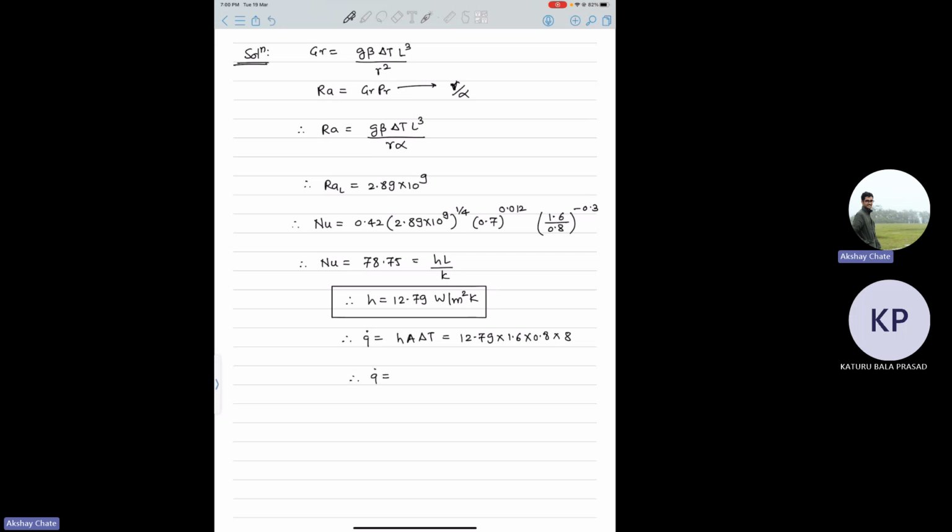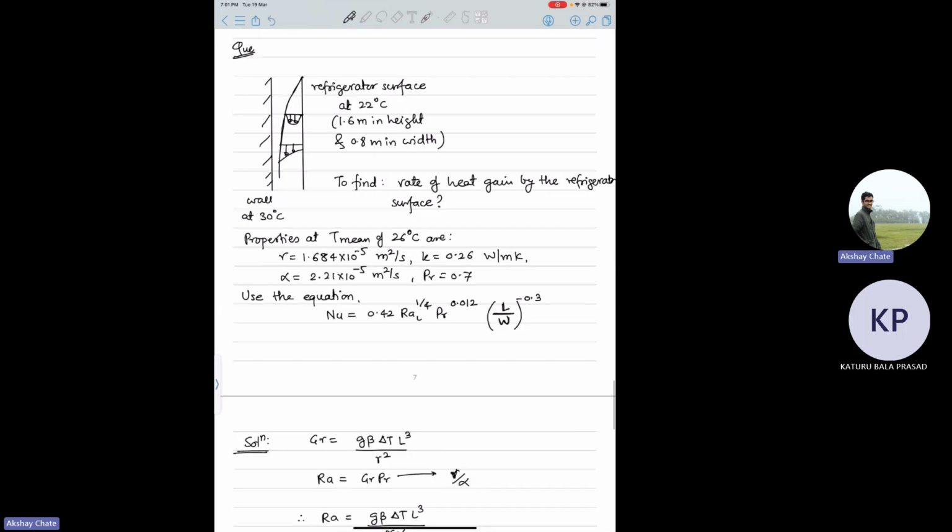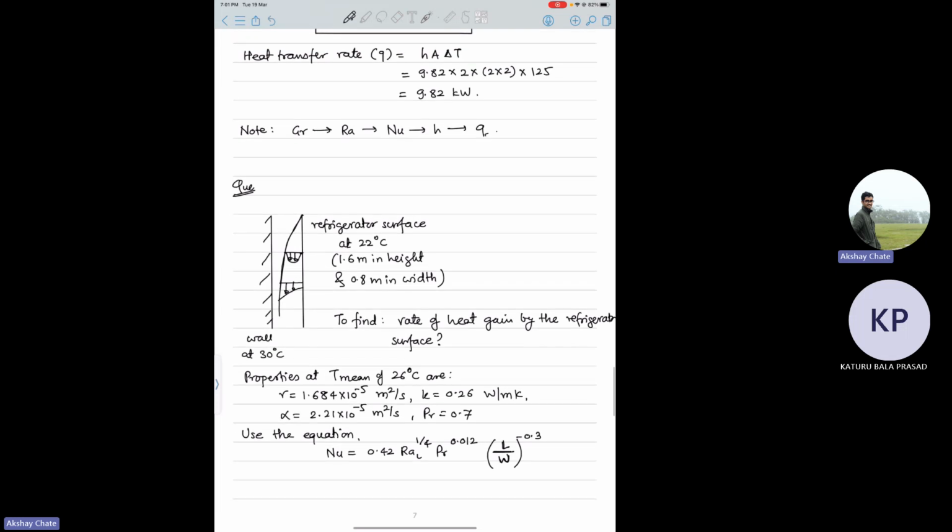Therefore, the rate of heat gain by the refrigerator surface is 131.04 watt. So the problem solving approach is just the same, but the difference here is a different type of boundary layer, and the question was not as straightforward as it typically is.